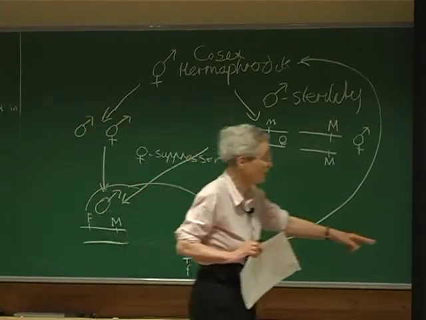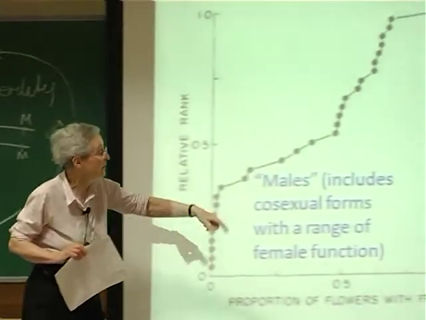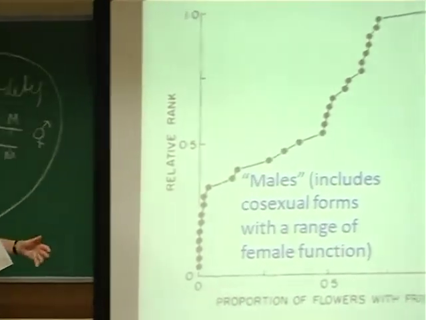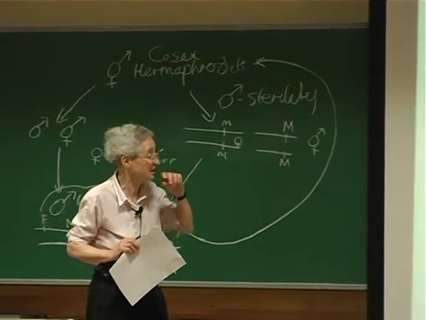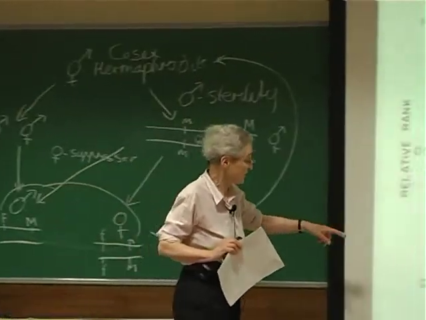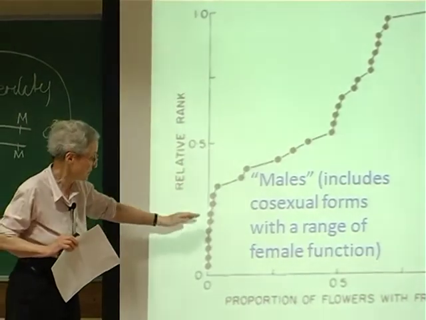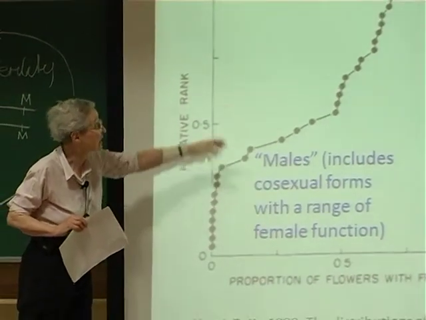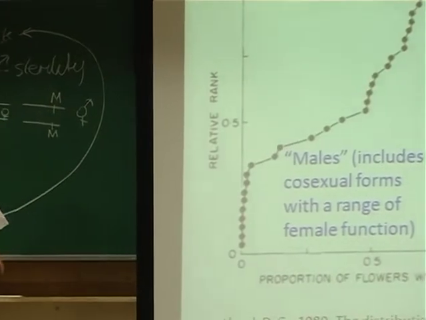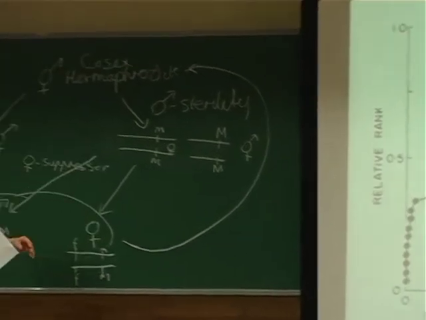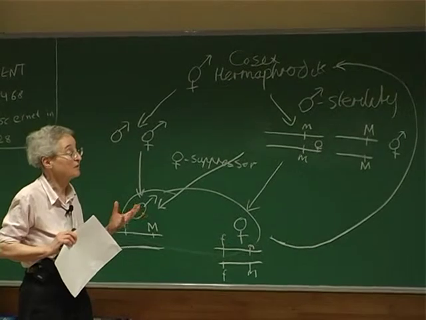So this is just showing the proportion of flowers with fruits. Females always do, so this must not be pollen limited, whereas the individuals that do produce pollen sometimes produce no fruit in their flowers, but sometimes produce fruit quite a lot. So that's one of our assumptions of the model in a way.